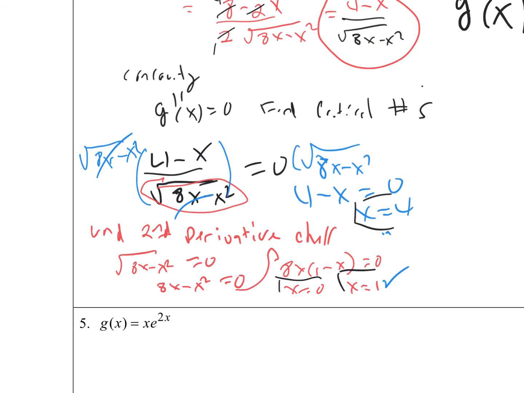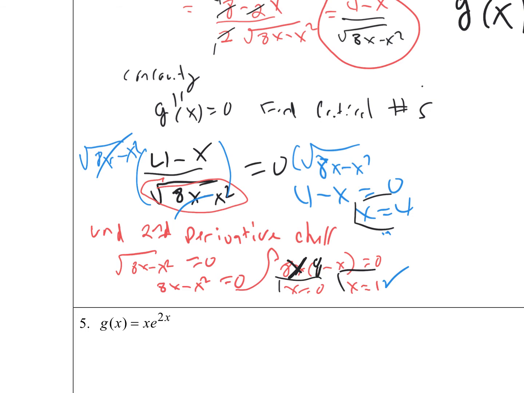Why did I factor out an 8x? That was ridiculous. I should have only factored out an x. That would have left an 8 minus x.